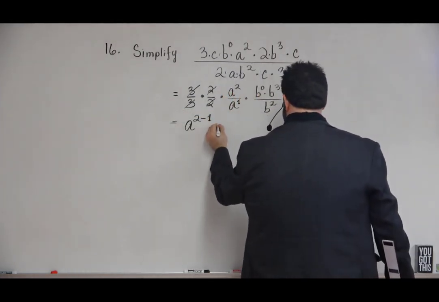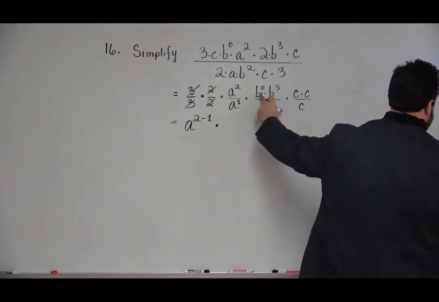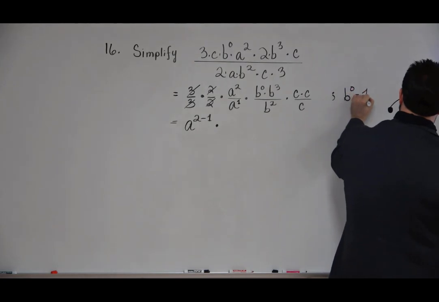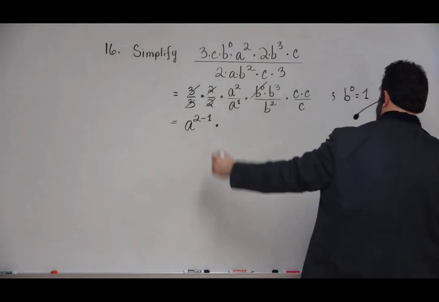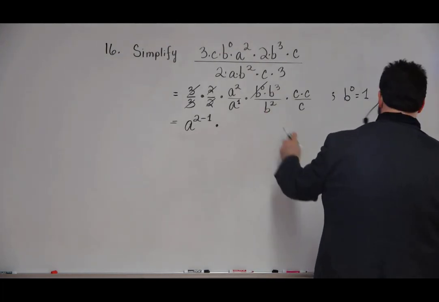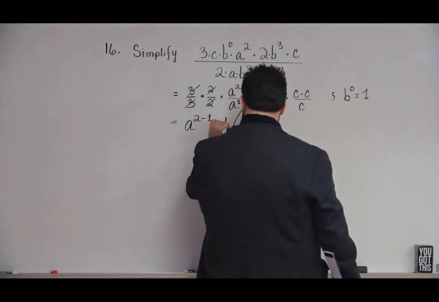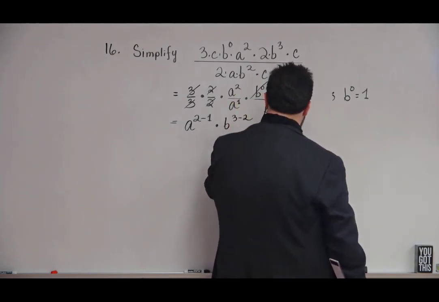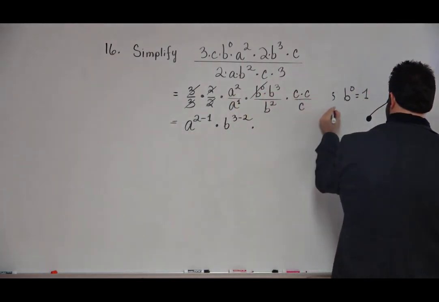Okay, times. Now check this out. We got b to the 0. Well, little side fact, b to the 0 equals 1. So we can ignore that. And now we've got b cubed over b squared. So we'll apply the quotient rule here, b to the 3 minus 2 times. Well, here's another little side piece.